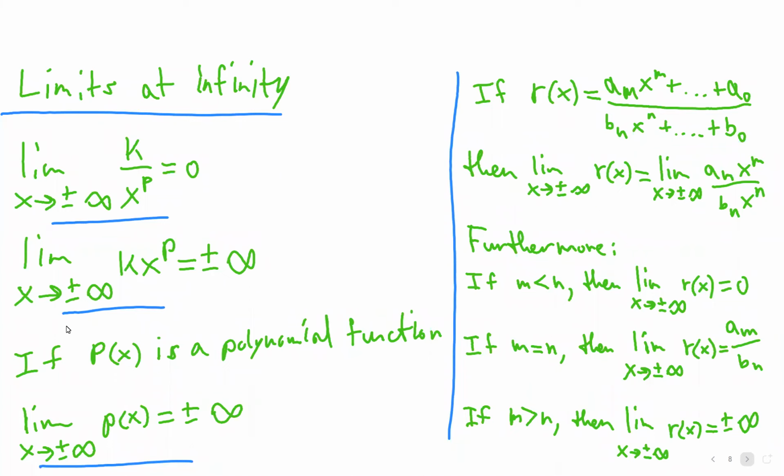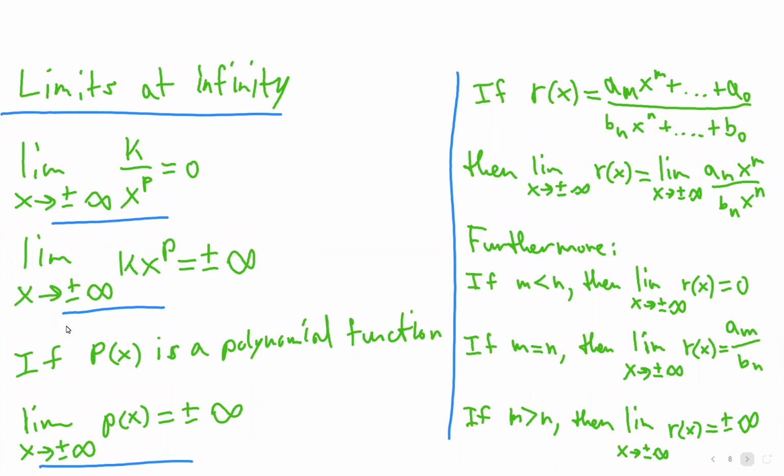All right, so if we're doing the limit of x going to positive or negative infinity for a different function, such as k, which is a constant, times the power function x to some p for any power, then that will go to positive or negative infinity. And this one is sort of similar to the concept for the vertical asymptotes.